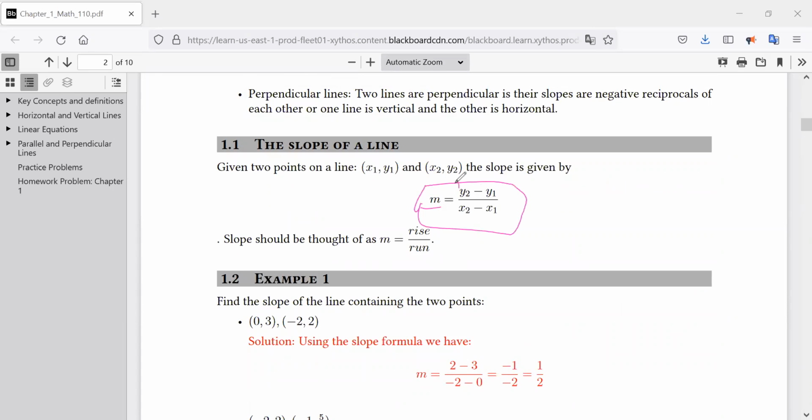So this is rise over run. This is how much your y value has changed vertically over how much you've changed horizontally. So that's why we call it rise over run here.